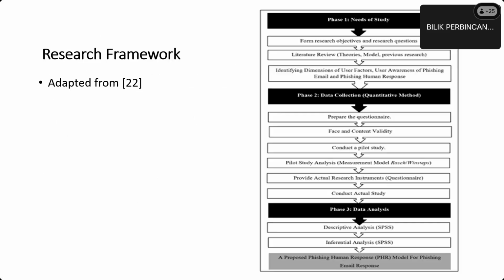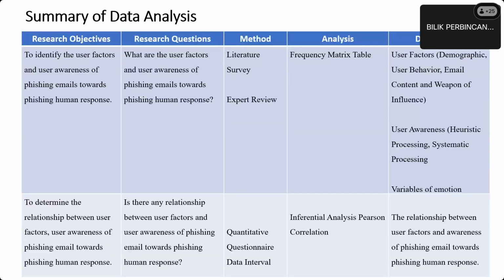So I proceed with this. This is the summary of the analysis that has been done. For the first research objective, we have to identify the user factors and user awareness of phishing email towards phishing human response. So the research question is, what are the user factors and user awareness of phishing email towards phishing human response?